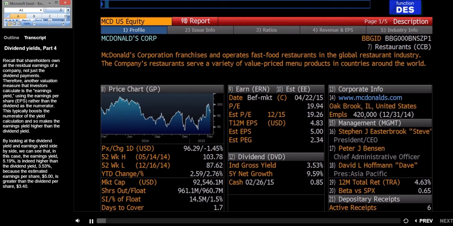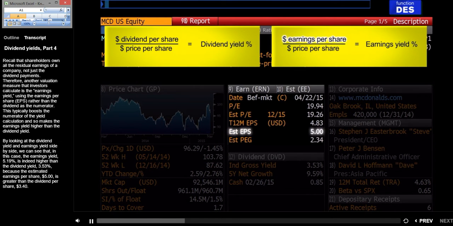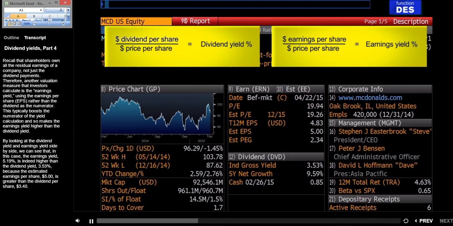Recall that shareholders own all the residual earnings of a company, not just the dividend payments. Therefore, another valuation measure that investors calculate is the earnings yield, using the earnings per share, EPS, rather than the dividend as the numerator. This typically boosts the numerator of the yield calculation, and so makes the earnings yield higher than the dividend yield.